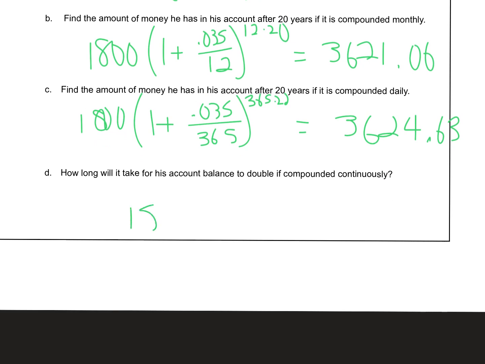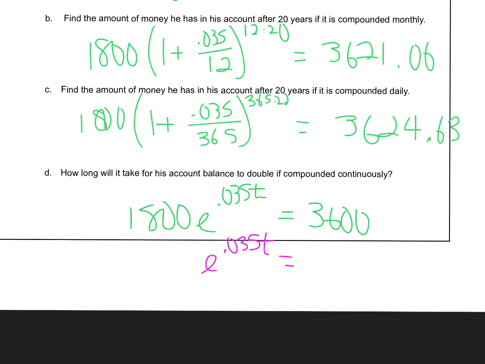So that's that 1800 e to the rate times time. And you need it to double, so you need 3600. So let's divide. That's that PE to the RT thing that isn't realistic with money, but we can pretend. So divide, that's 2.